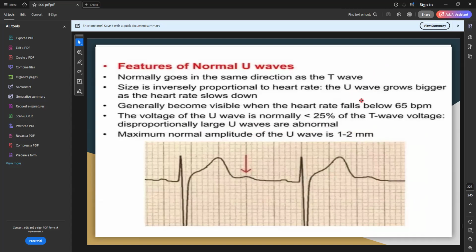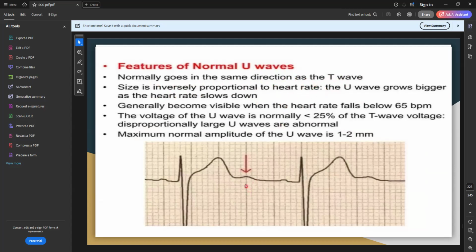Now let us know about the U wave. We all know that U waves are here. Normally, U waves go in the same direction as the T wave. Size of the U wave is inversely proportional to the heart rate.